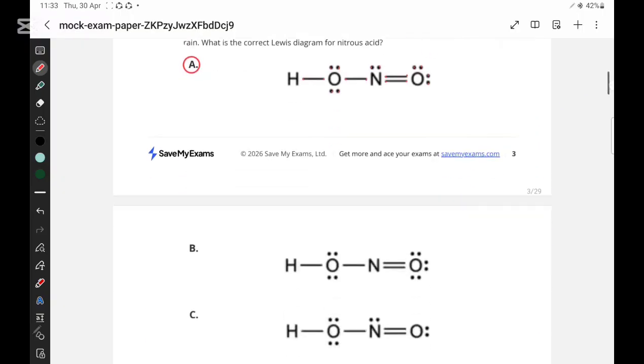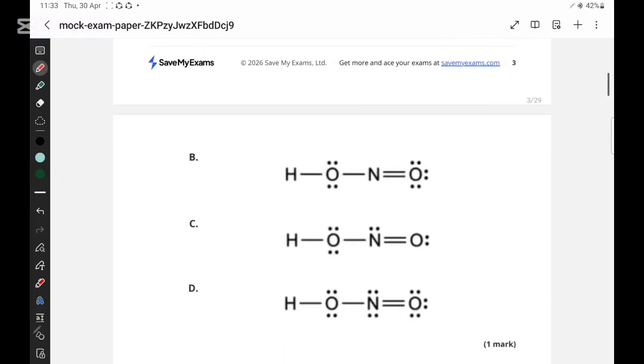And let's see the other options as well. If we see option B, you are going to see that the octet of nitrogen is not completed. So this option is going to be wrong.